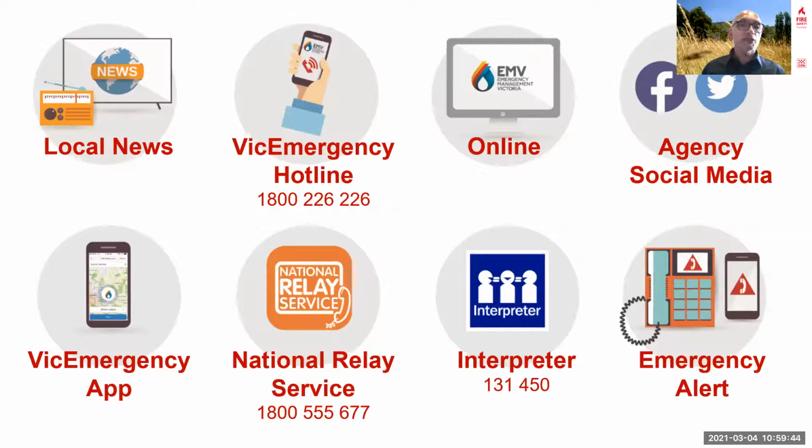Assist you with information that will give you real-time, local information, local intel about fire activity. By far, one of the best apps that we can recommend strongly to you is the Vic Emergency app. Have this downloaded on your smartphone if you don't already have it. The Vic Emergency app gives you that real-time information. It allows you to plan your travel or your journey around fire activity in your area.